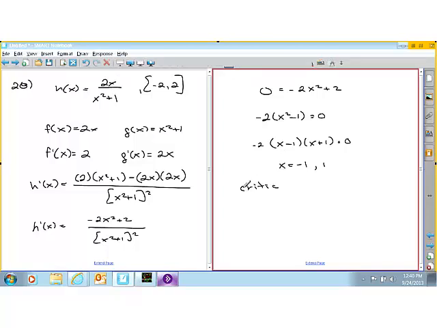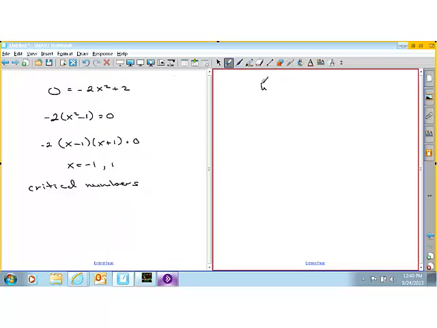So are either of those critical numbers inside of our interval? Yes, they are, because negative 1 and positive 1 are between these two. So just like before, we're going to evaluate the function. And remember, the function is 2x over x squared plus 1.